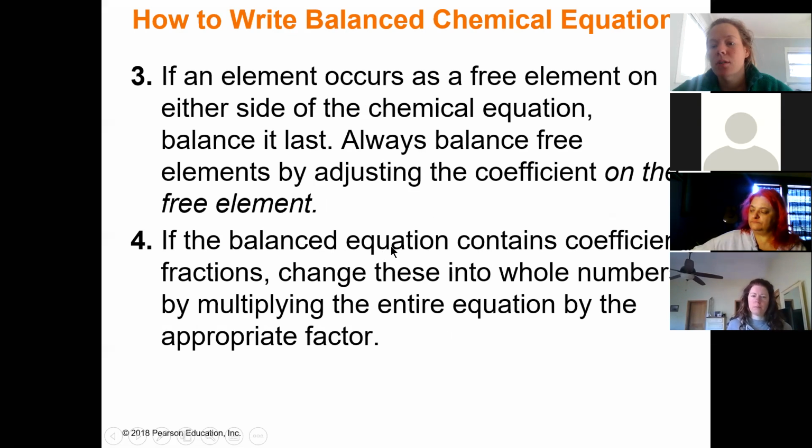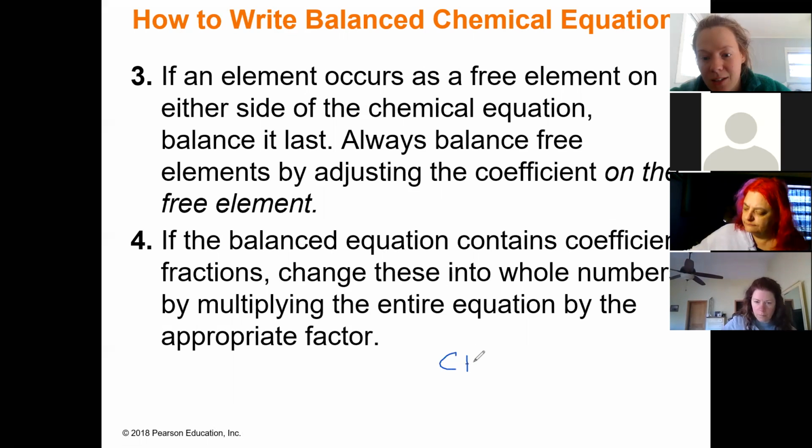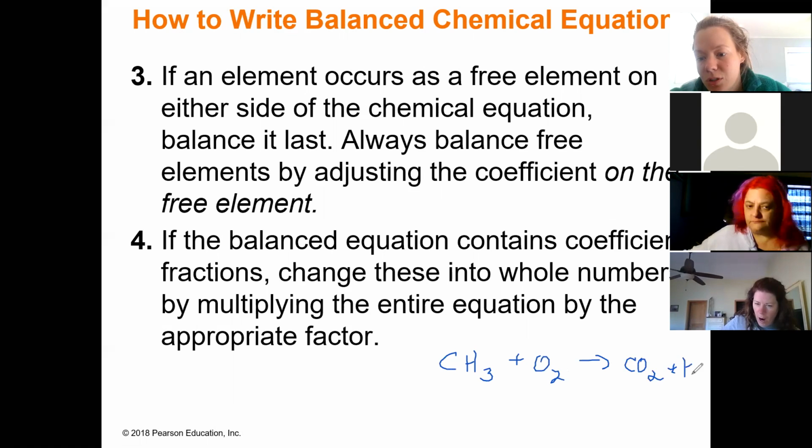If the balanced equation contains a coefficient fraction, change those into whole numbers by multiplying everything by an appropriate factor. So I'm just going to give you a random hypothetical. Let's say we had CH3, that's not even a thing really, plus O2 gives us CO2 and H2O. Let's say that for whatever reason, this had a 1.5 as a coefficient. I'd want to get rid of that and multiply everything by 2.